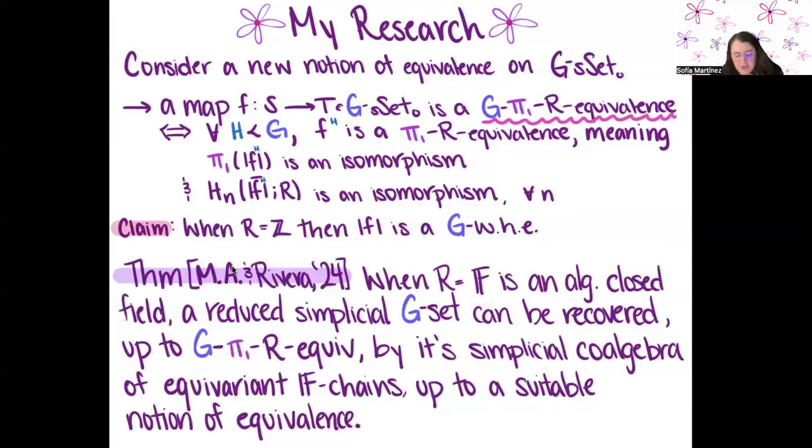And as I mentioned earlier, we want to study things like R equal to F_p. So even though the space might not be entirely recoverable when F isn't an algebraically closed field, we know the failure of things not being recoverable. So that's all I want to say with respect to this theorem and this work.